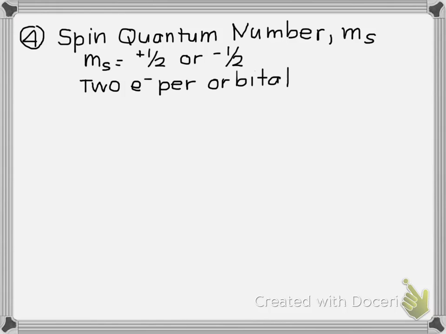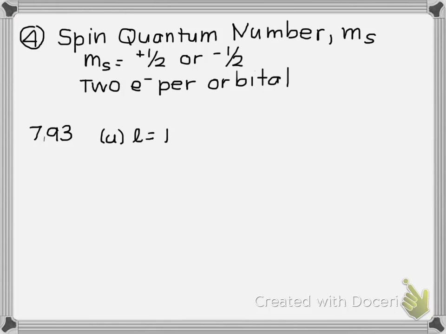So for example, if you have the textbook, I am looking at problem 7.93 in the review questions. And it says, what is the letter code for a subshell with L equals 1?